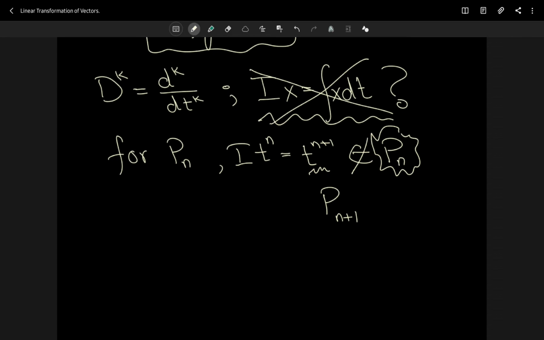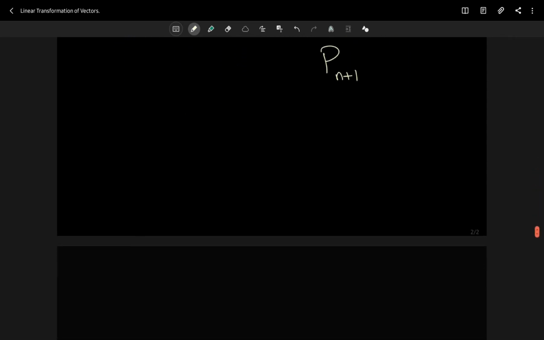Okay, so from here now, there are two special linear transformations. Those are 0 on x, which gives you 0, so it gives you null, and the other one is the identity on x, which gives you back your x.